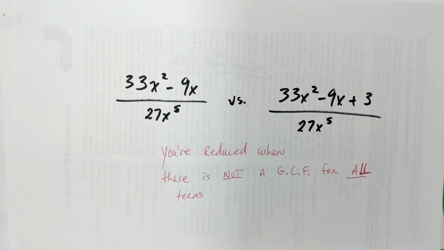If there's a greatest common factor for all but one of the terms, it doesn't matter. So this is the key idea right here, and let's see what that means.